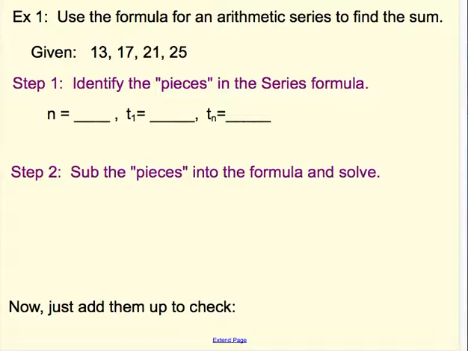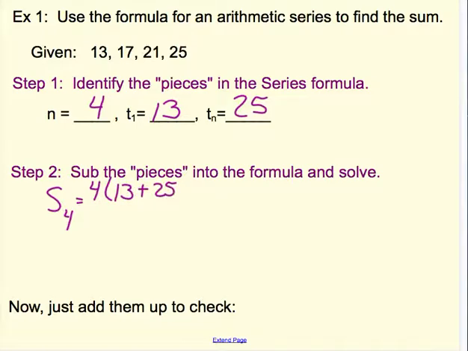All right, so first we're going to take a look at that summation notation that we just saw. So we've got these 4 terms. Our first term is 13, and our last term is 25. So the sum of the first 4 terms is 4 times the first term plus the last term, all over 2. So 13 plus 25 gives us 38.